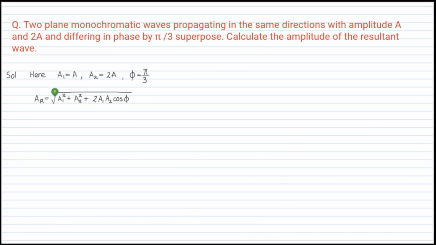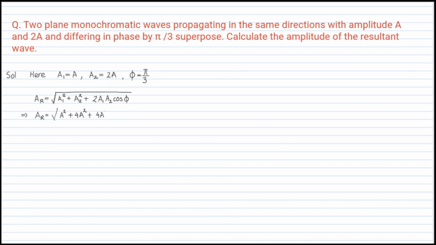After substituting, AR equals the square root of A square plus 4A square plus, if I substitute A1 it will be A, and A2 it will be 2A, so 2A times A will be 2A square, multiplied by 2, the answer will be 4A square.